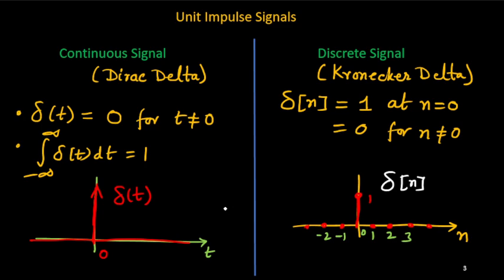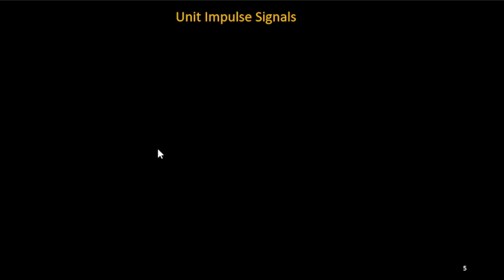Now we are going to discuss some properties of these signals, okay, and how it will be useful. So let us start with the discrete one. And suppose if I consider one sequence x[n]. So how can I write this x[n] sequence? So it can have certain sample values.